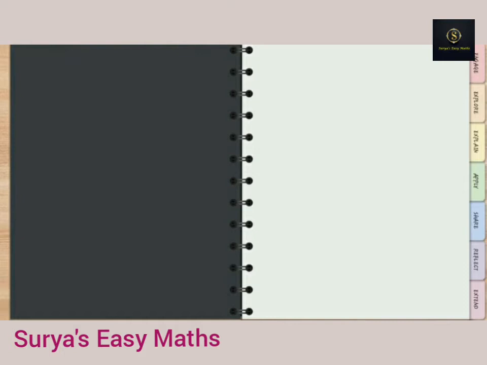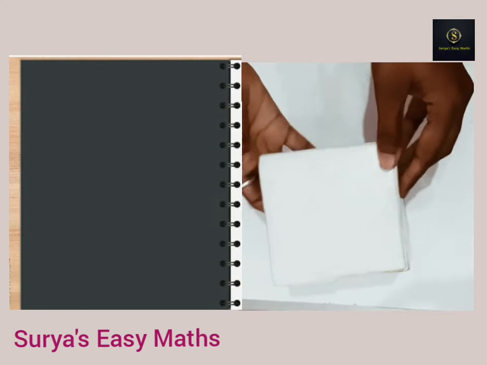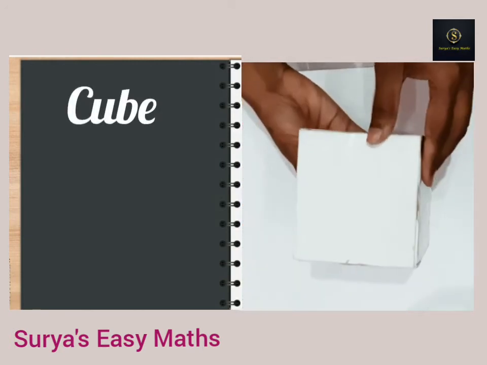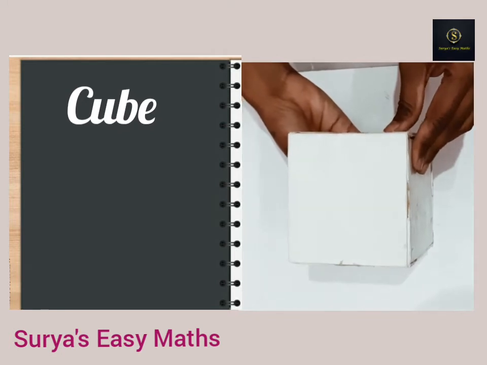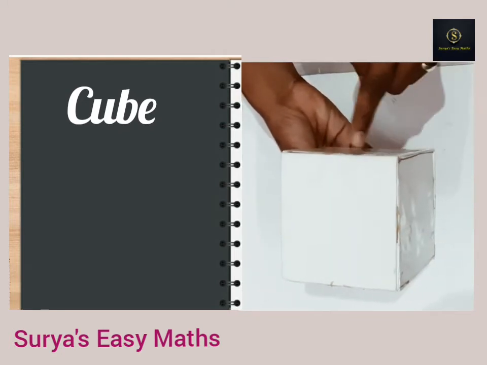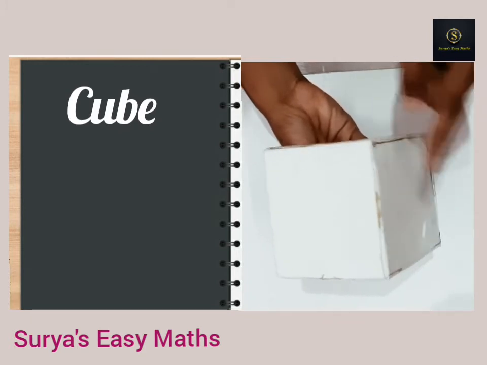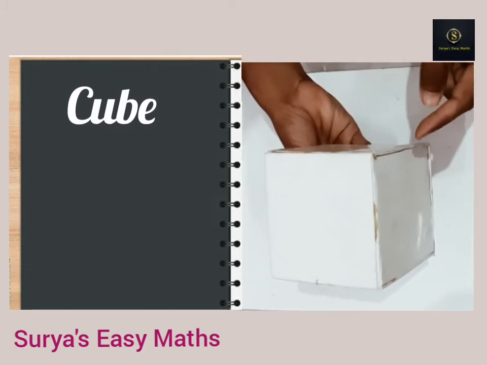So, here we have the first shape. Children, this shape is called a cube. So, children, observe it and say how many edges a cube has. Let us count. Children, edges means sides.